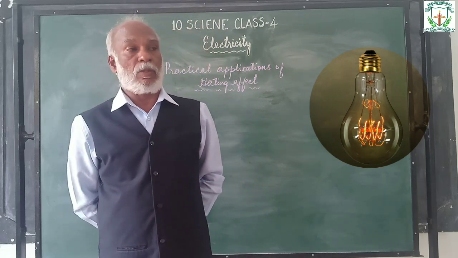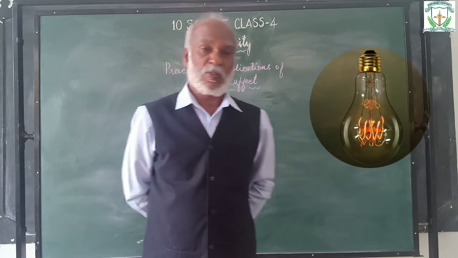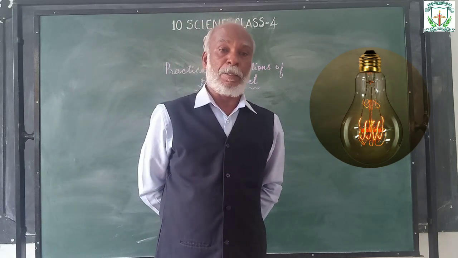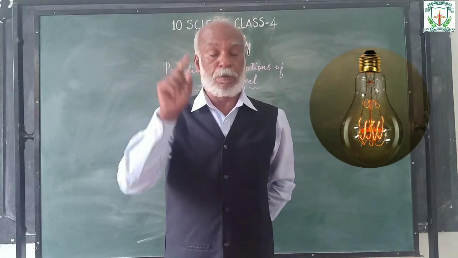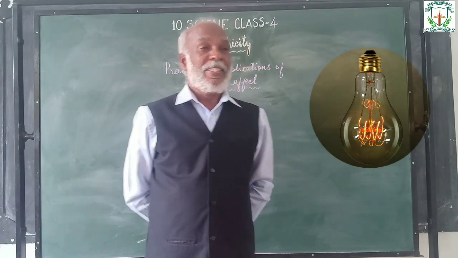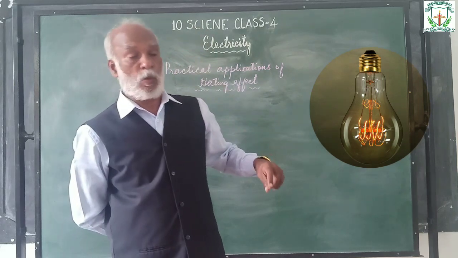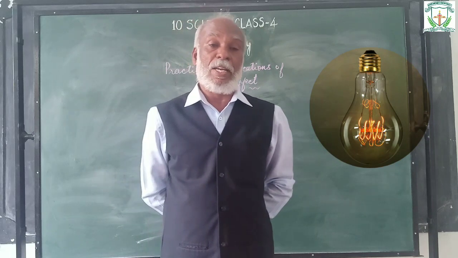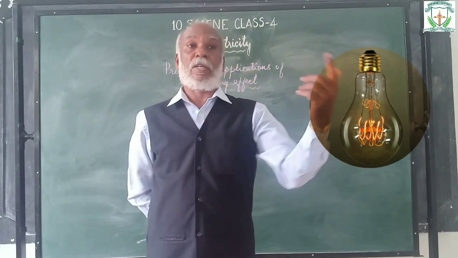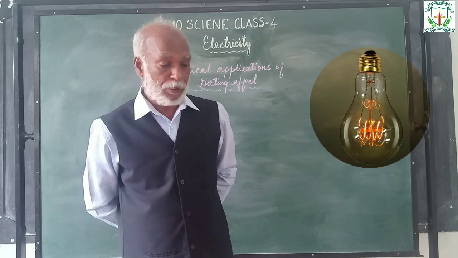The ends of the filament are connected to the external terminals. When you switch on the bulb, current flows through the filament. The filament is made up of a high resistance nichrome or tungsten wire.